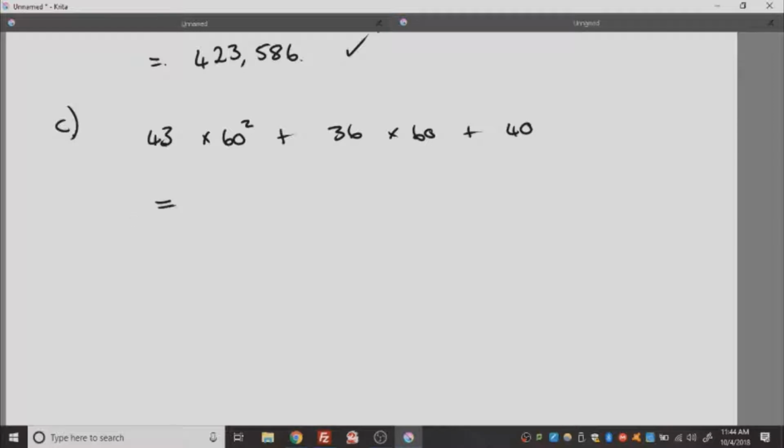You put that in your calculator, you get a number, you're done. It's really not that complicated. Let's see what we get. 157,000. All right. Very easy.